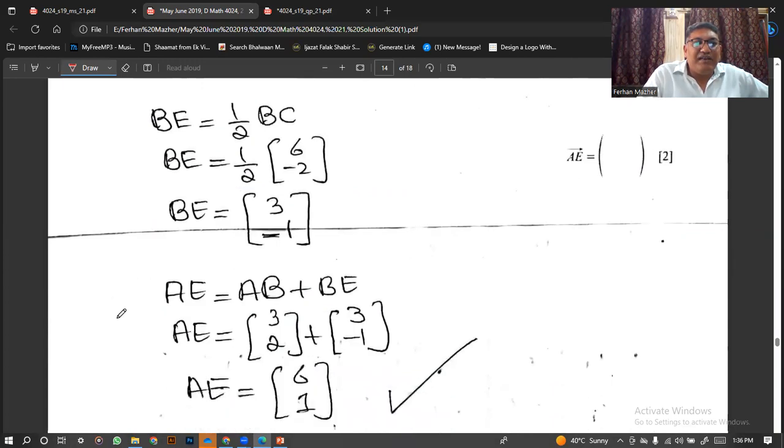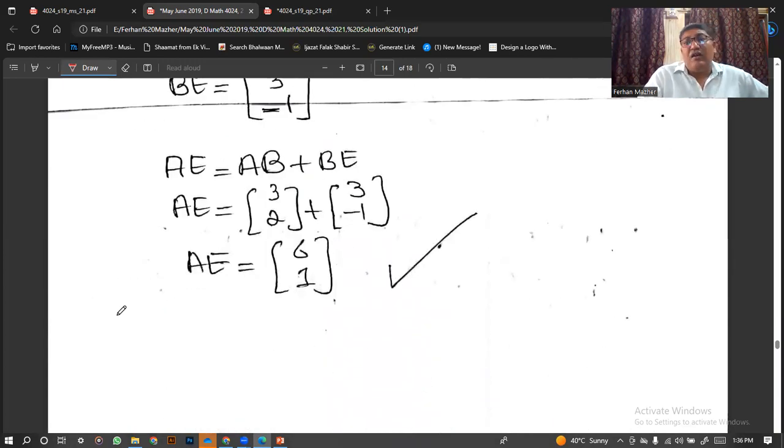Once I know the BE, then I can find the AE. From A go to B, from B go to E. So AB plus BE. AE equals to AB plus BE. So AE equals to 3, 2 plus 3, minus 1. So it will be 6, 1.